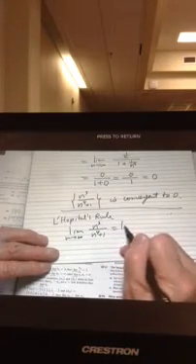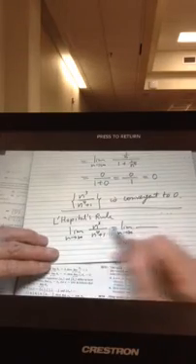So this is equal to the limit as n goes to infinity. Differentiate the numerator, so you get 3n squared, divided by the derivative of the denominator, so it's 4n cubed. Here I can cancel n squared. So this is the limit as n goes to infinity of 3 over 4n.